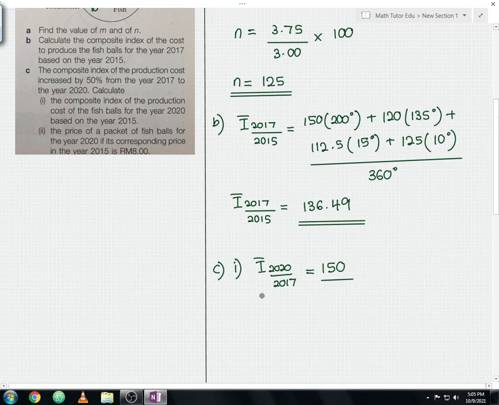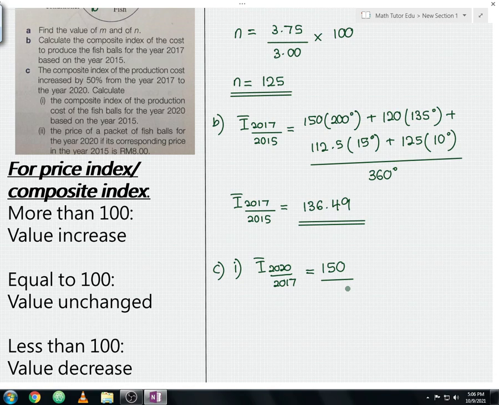However, if your composite index has dropped from one year to another, the composite value will be less than 100. This concept is not only applicable for composite index, but also applicable for price index as well. I hope you guys are clear. If you still not clear, no worries, I'm going to write down on the screen here so you can look at that as your reference.